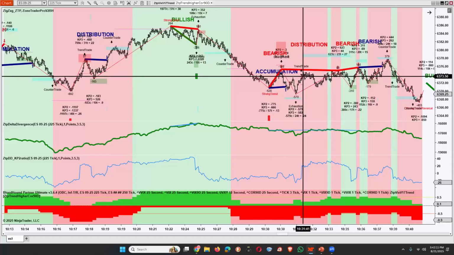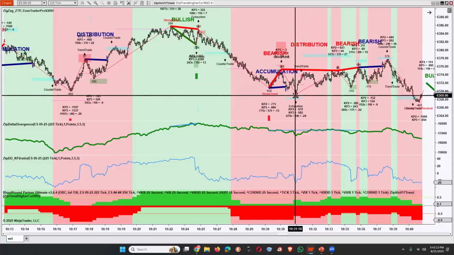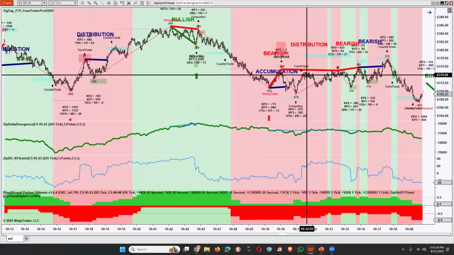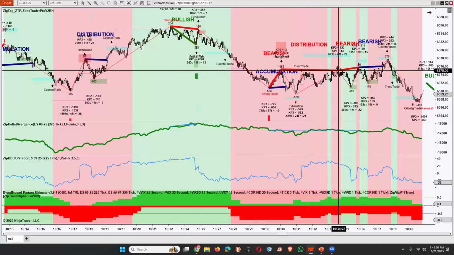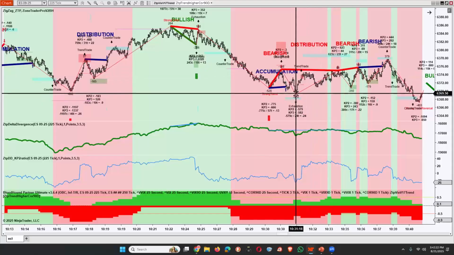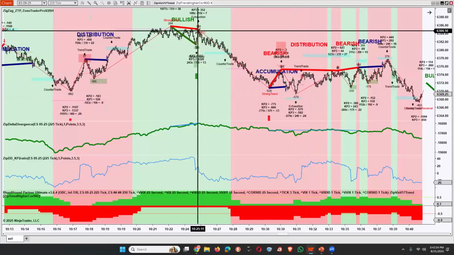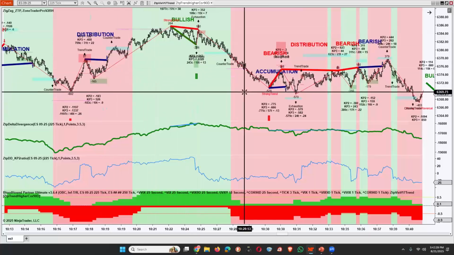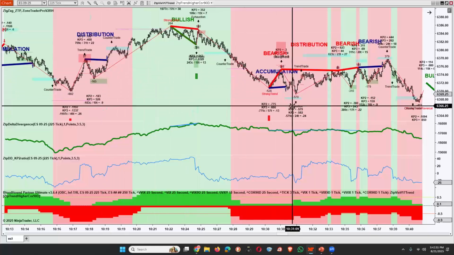The first thing I'll tell you is no, because the exhaustion pattern is a trend reversal pattern. That trade didn't work. What trades did? Well, the exhaustion pattern on the low right here, and the exhaustion pattern on the high right here. Those are the trades that worked.